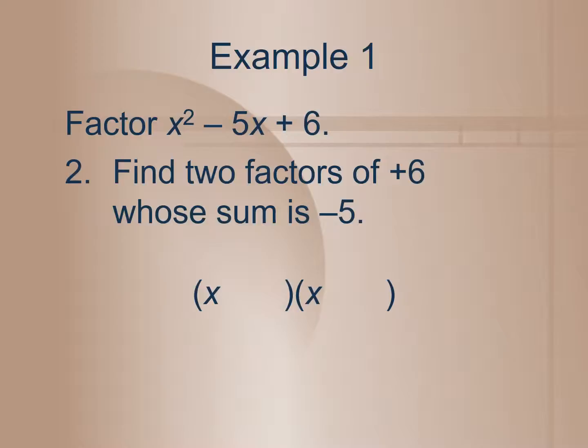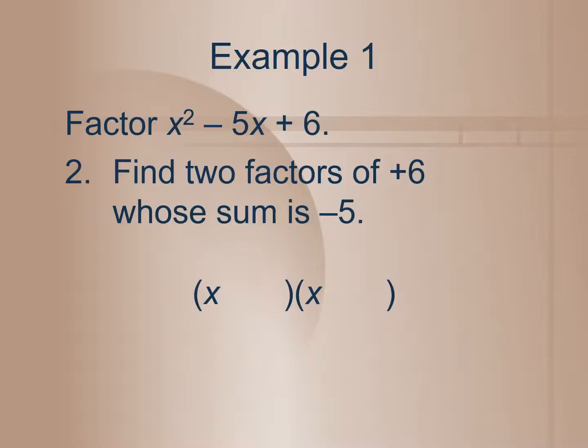So step 2, we want to find two factors of positive 6 that add up to negative 5. So remember, product, sum: multiply to 6, add up to negative 5. Let's think of some multiples of 6 and see if we can figure out any that add up to negative 5. Well, 1 and 6, but those add up to 7. What about 2 and 3?